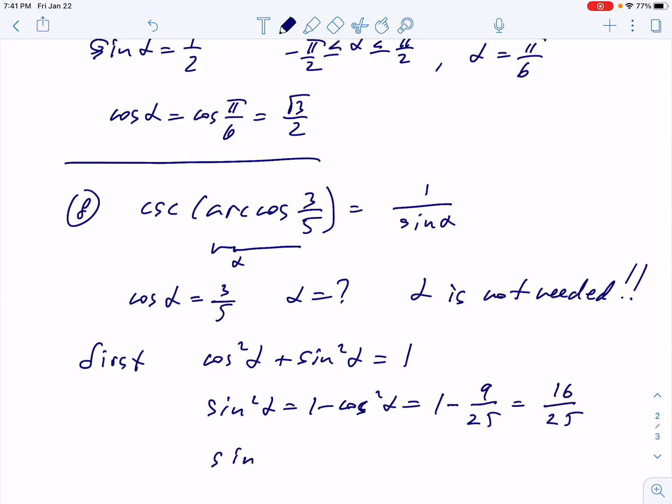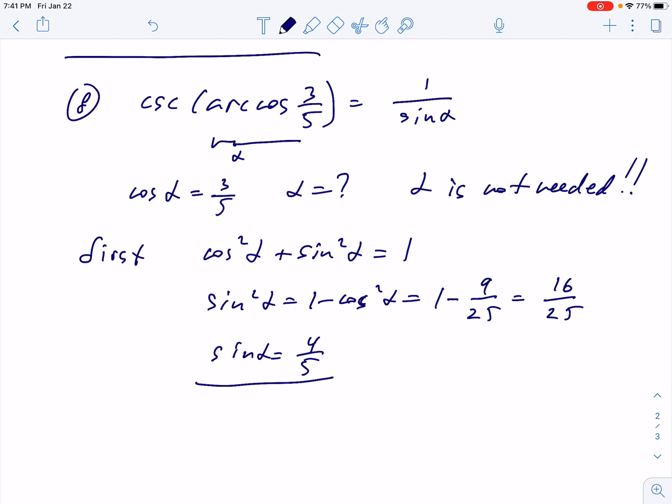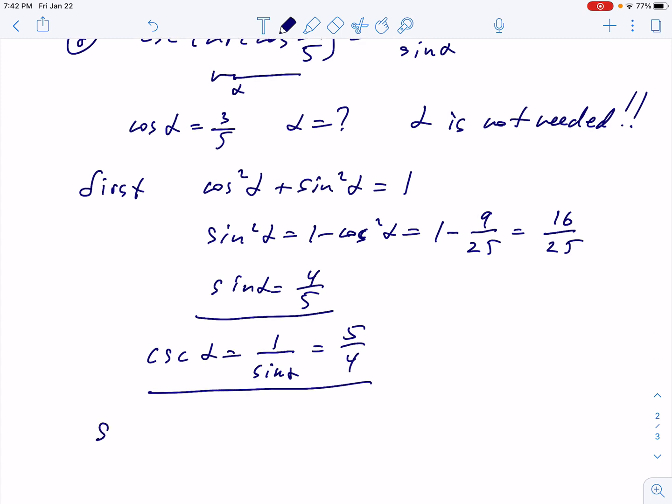And then sine alpha will be 4/5. And then cosecant alpha will be 1 over sine alpha. We had to flip, it will be 5/4. And this is our answer. Second solution.